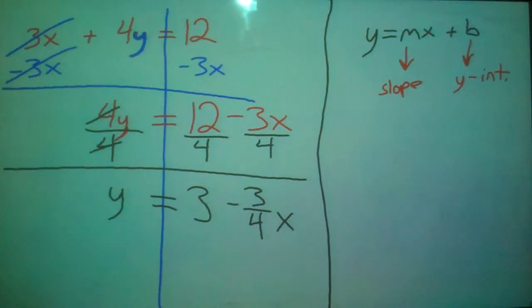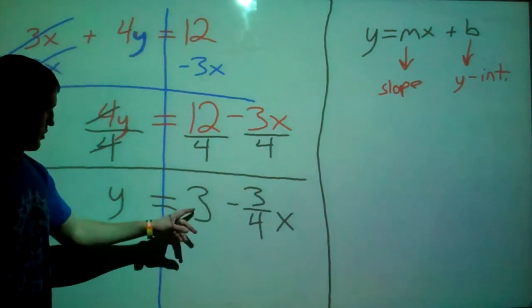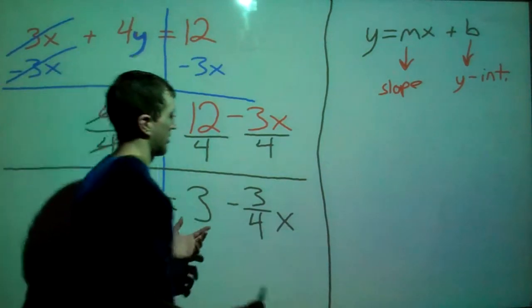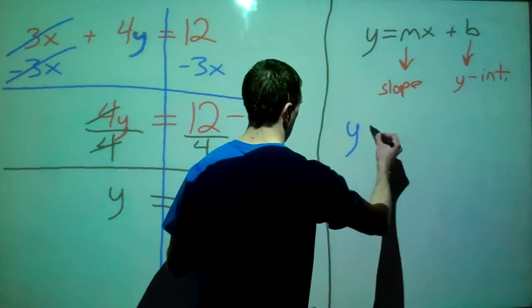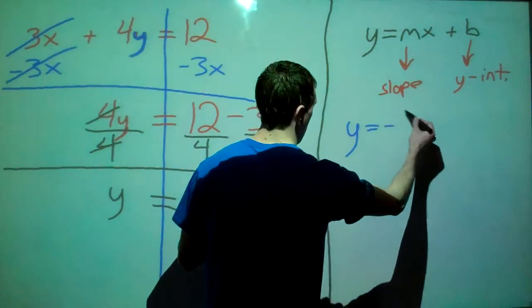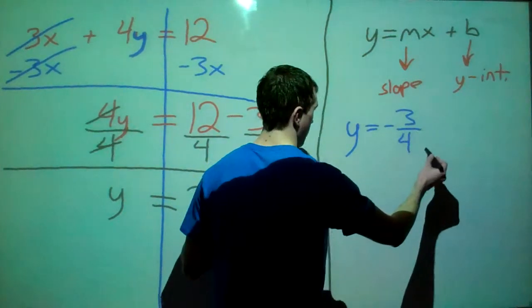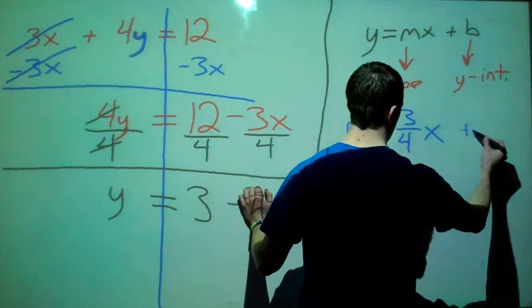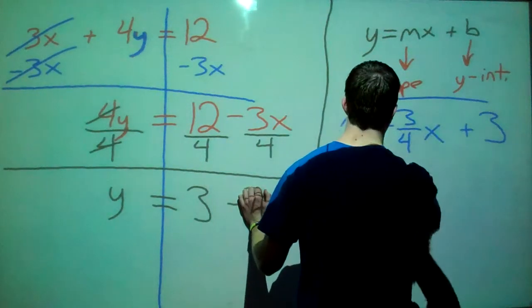So let's do that. We'll take this and put it up there. This is a positive 3, that means plus 3. y equals negative 3/4 x plus 3.